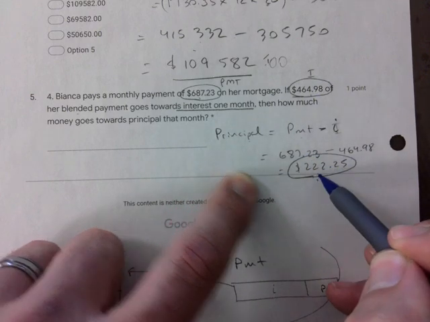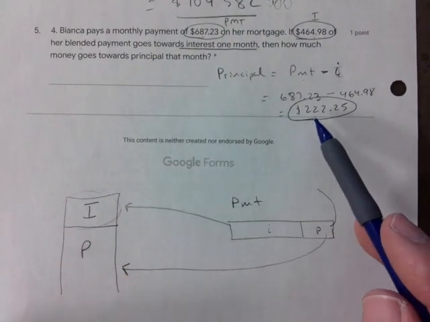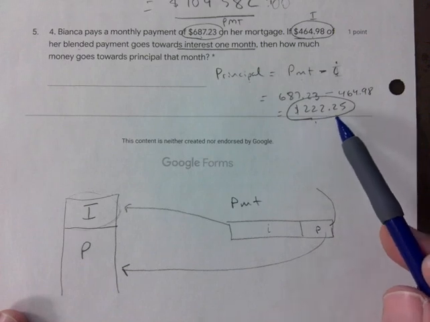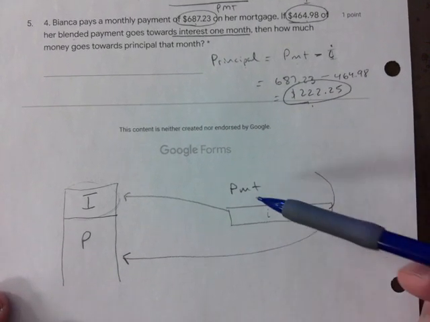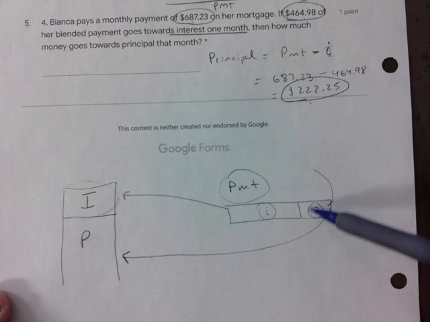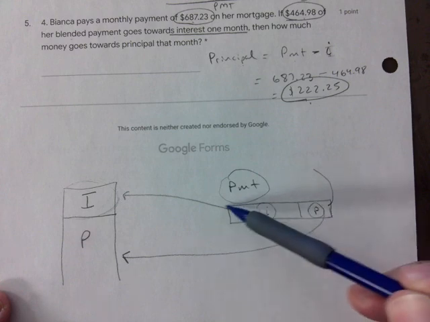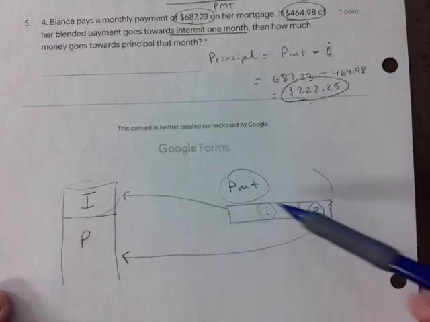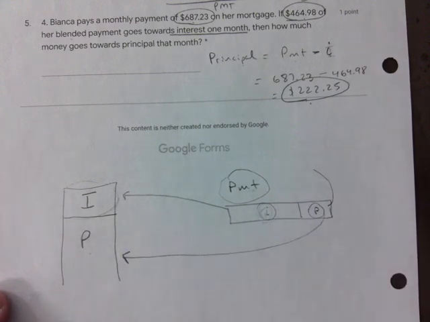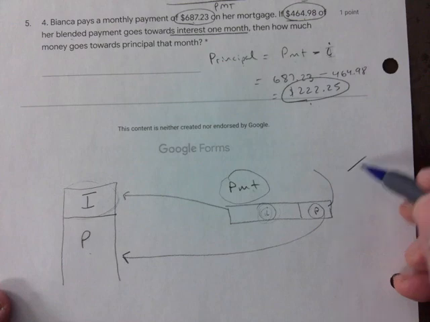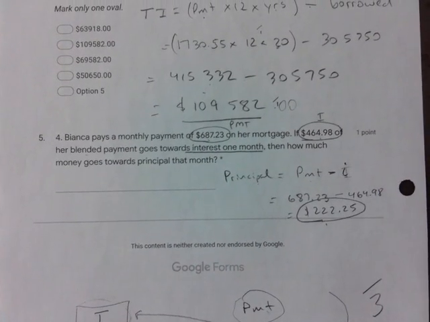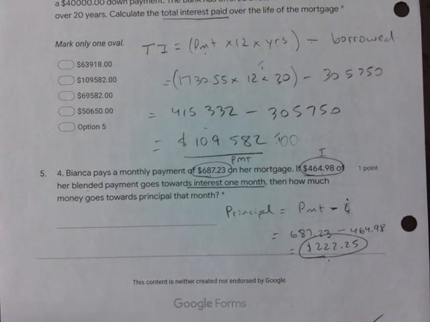So you basically just subtract, and you end up saying that $222.25 goes towards the principal. So remember that a payment is always made up of interest and principal. So you're given the whole payment and the interest, so you just have to subtract these two to get your principal. And there it is. Okay. 3 marks for this as well. Yeah. So 3 and 3 is 6, for a total of 6.